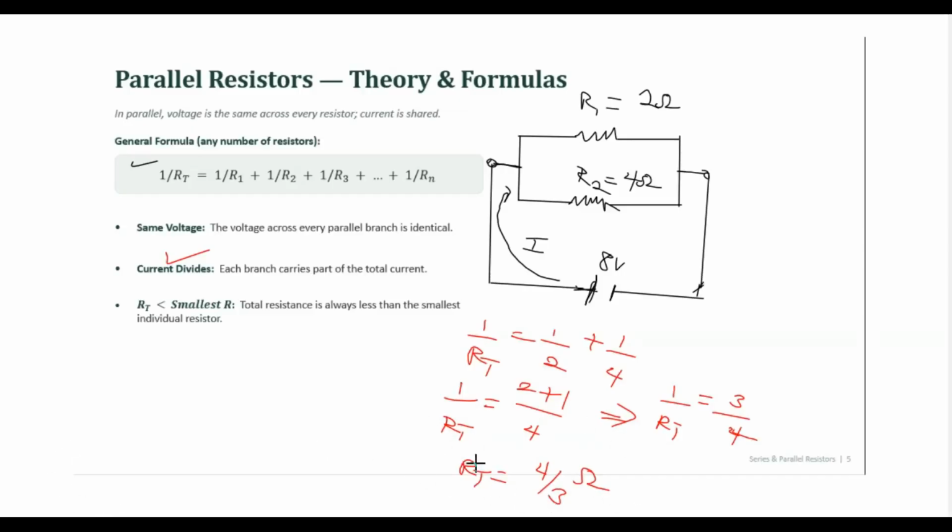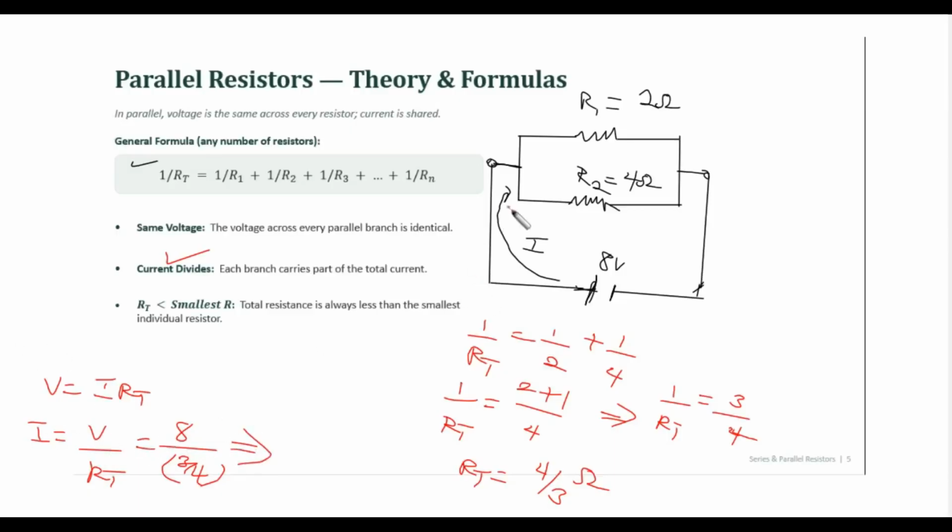So if I want to get the total current now, I apply Ohm's law by saying V is equal to I RT, and then I is going to be equal to V over RT, which is equal to 8 divided by 4 over 3. Whatever I get from here gives me the total current.